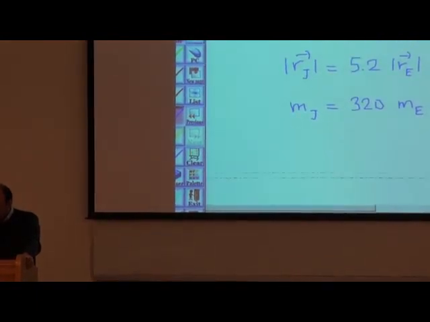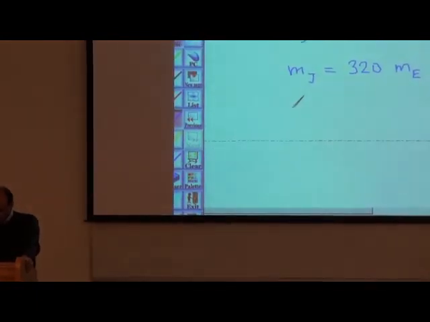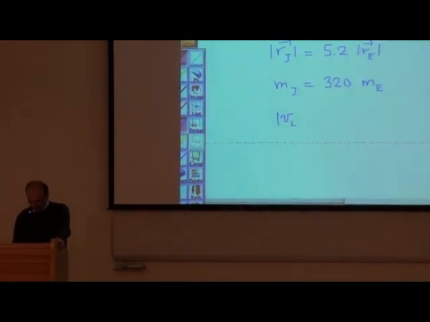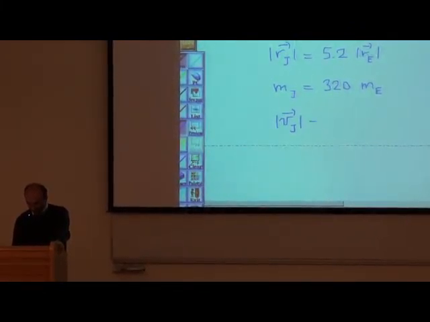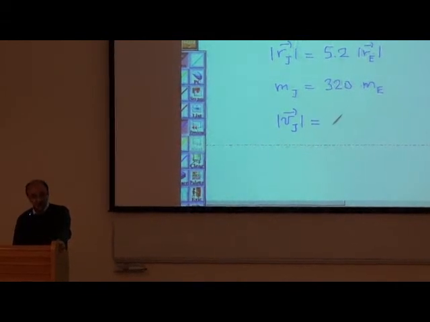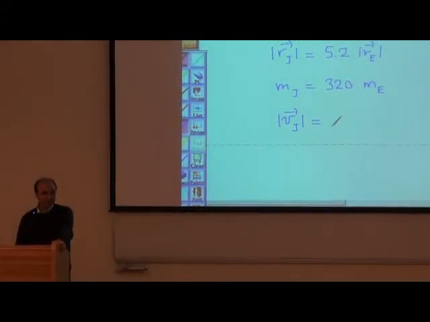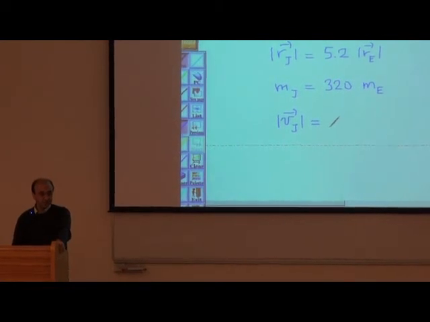And finally, the velocity of Jupiter around the Sun is actually smaller than the speed of Earth around the Sun.